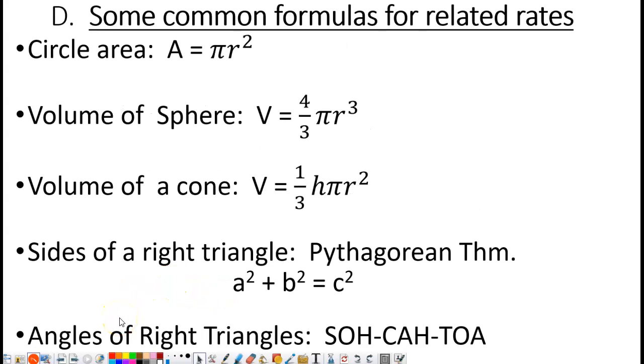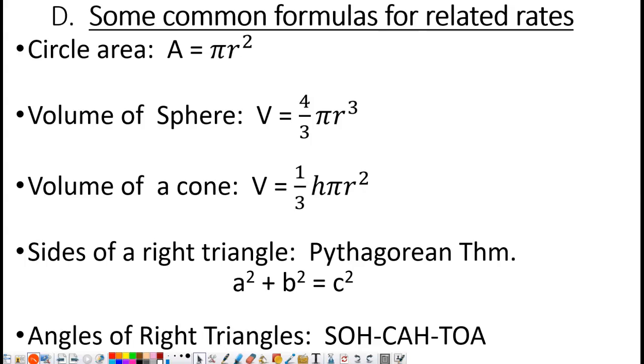All right. Now, before we get started, you're going to want to be aware of some basic formulas that will come in handy when you're doing related rate problems. You can make related rate problems about just about anything, but I'm going to be focusing on problems that are pretty common to see when you're dealing with related rates.